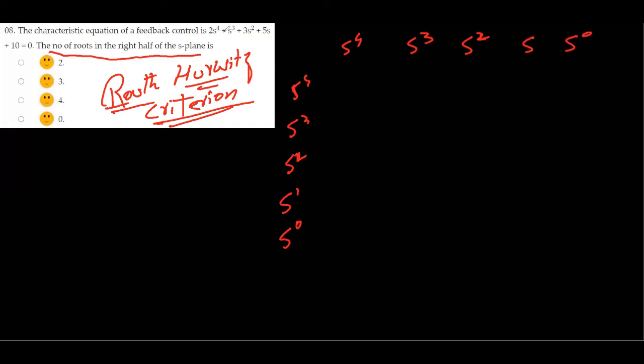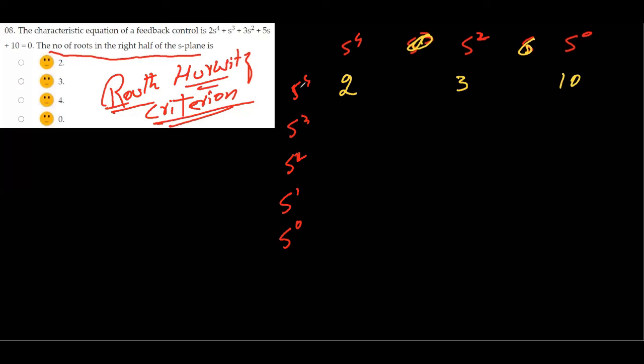The s4 row is 2, so I will write 2 over here. Here you will write only the even coefficients. So s4 is 2, this will be 3, and s0 is 10.